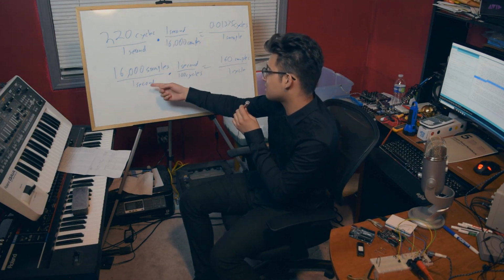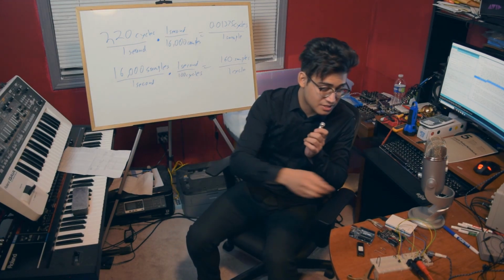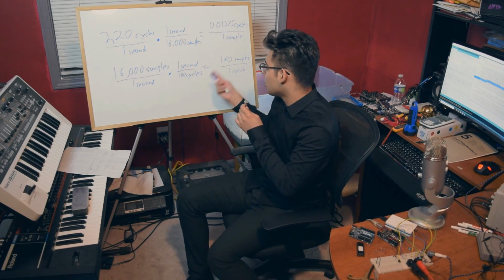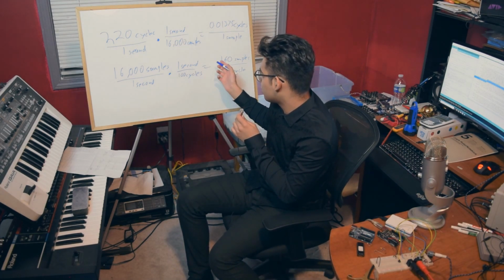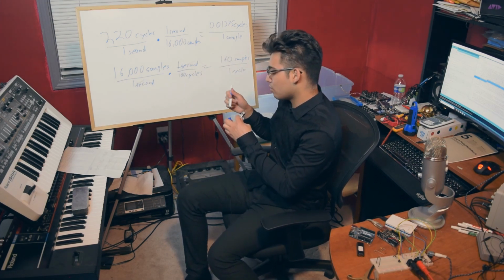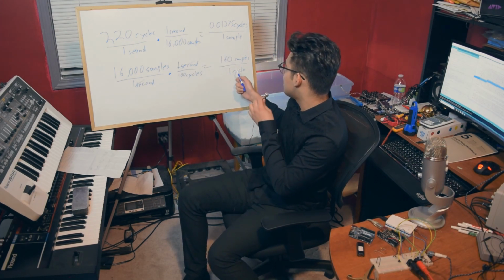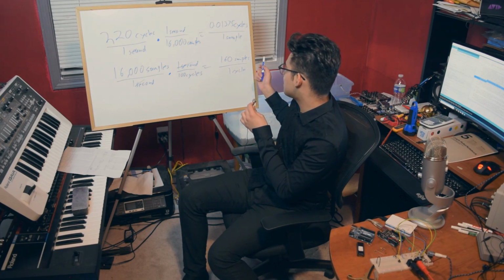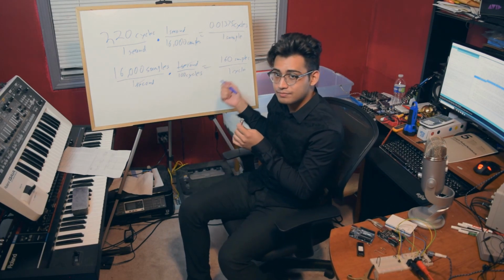If we take 16,000 samples per 1 second and multiply that by the reciprocal of 100 cycles per second, the seconds cancel, and after reducing we end up with 160 samples per cycle.